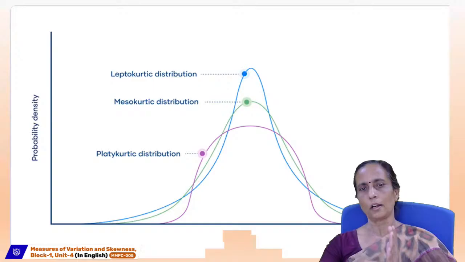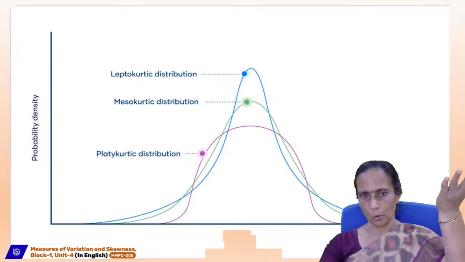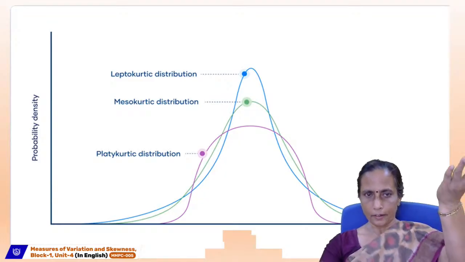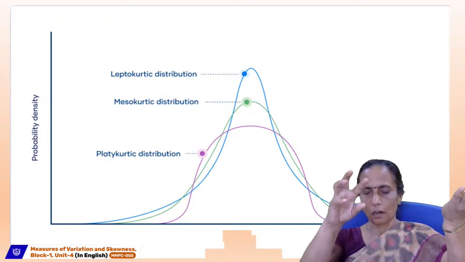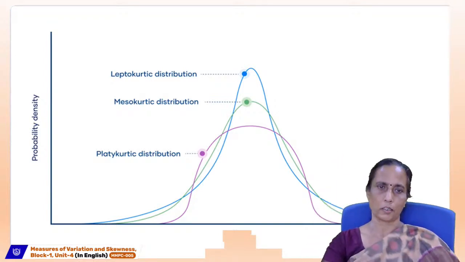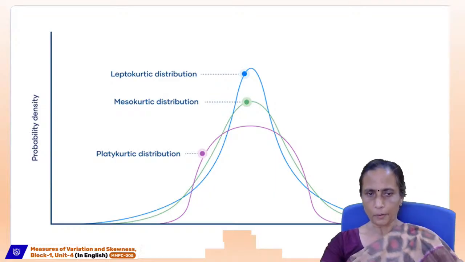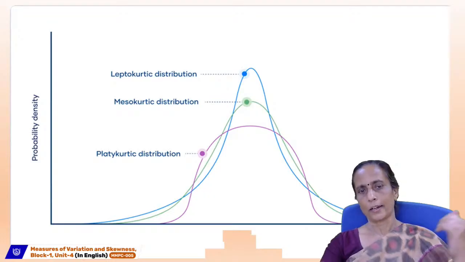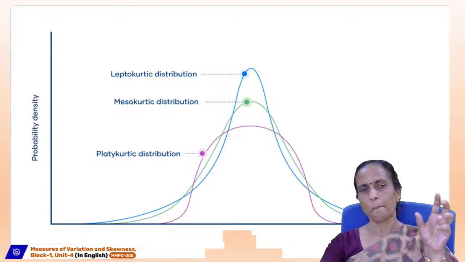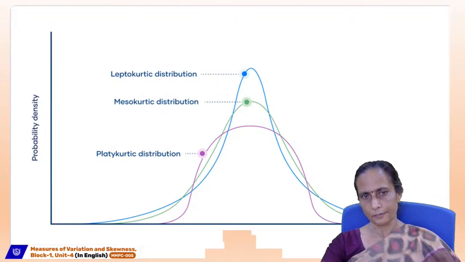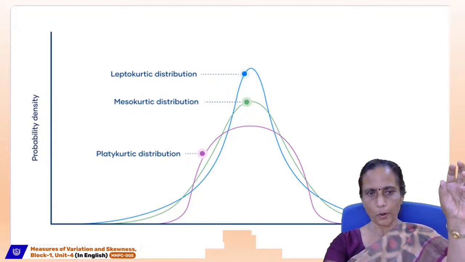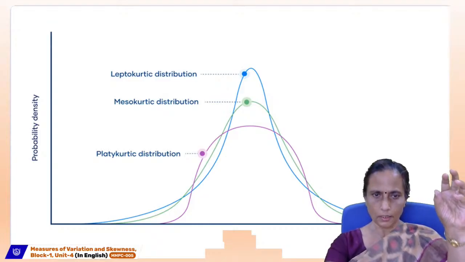In one formula, it has taken into consideration the lower limit of the lowest class interval and the upper limit of the uppermost class interval. And the difference between the two, we said that is one estimate, and formula 2 is we have taken the midpoints of all the class intervals, the midpoint of the lowest class interval and the midpoint of the uppermost class interval.